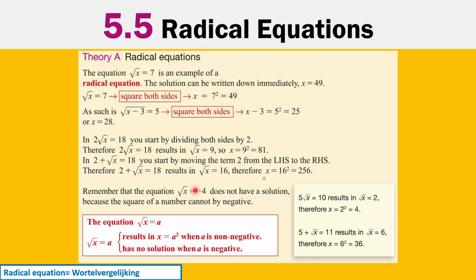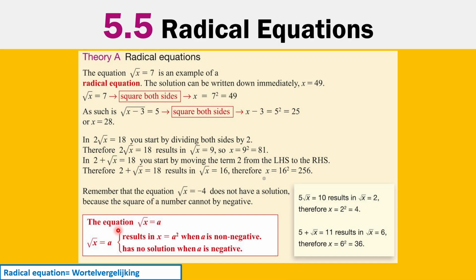Here, if the right-hand side, this number here, is negative, and I have a root on the left-hand side, I have no solutions. That gives me this equation form here. Root x equals a, so that means no number in front of my roots, and also nothing plus my root on the left-hand side, or minus, right?